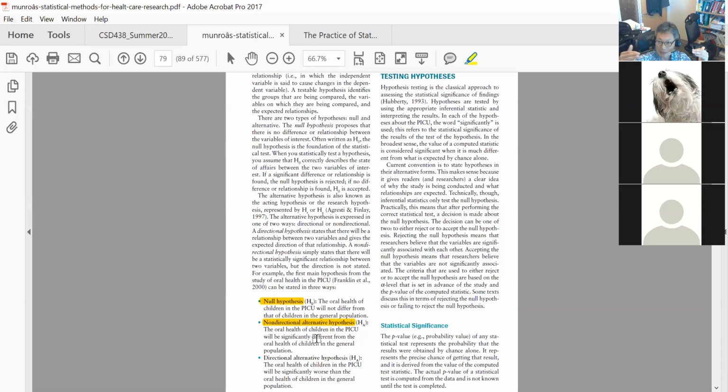Based on this hypothesis, what we want to do is test. Another very important concept is whether something is statistically significant or not. For example, from your data, you will see a pattern: I see that the average of this group is much greater than the other group.